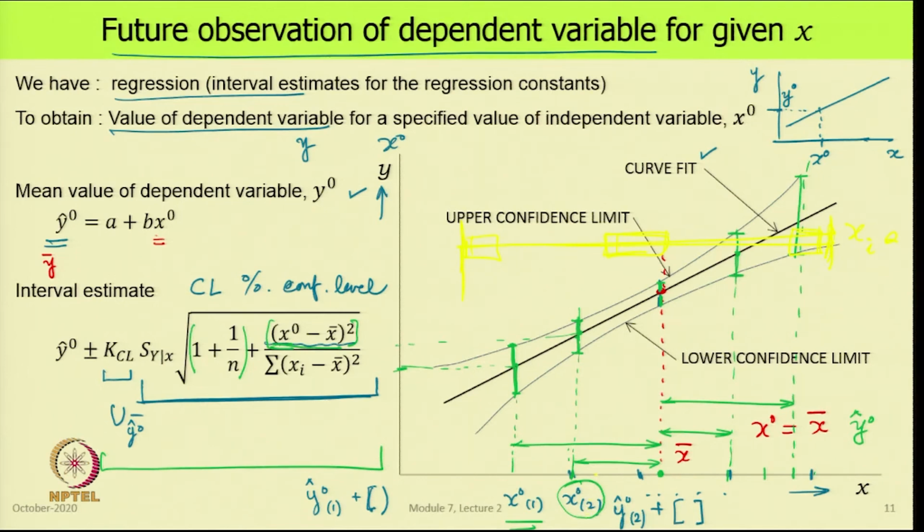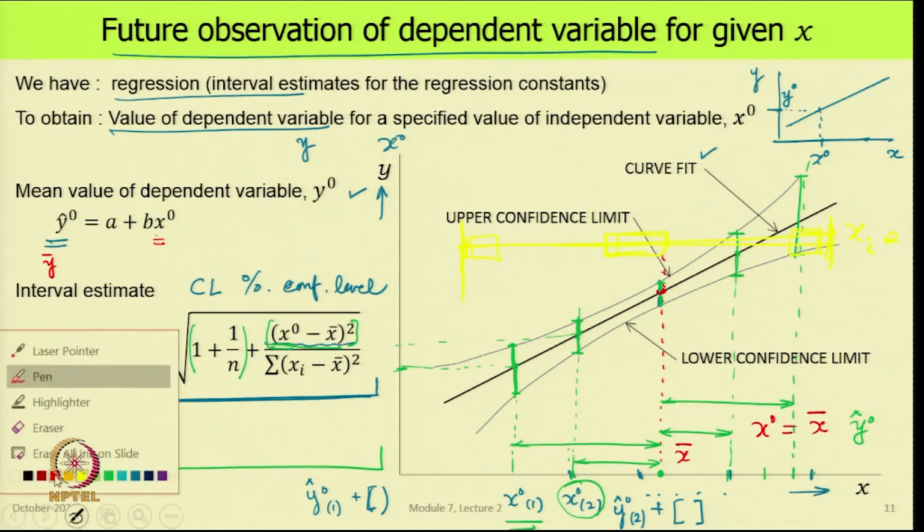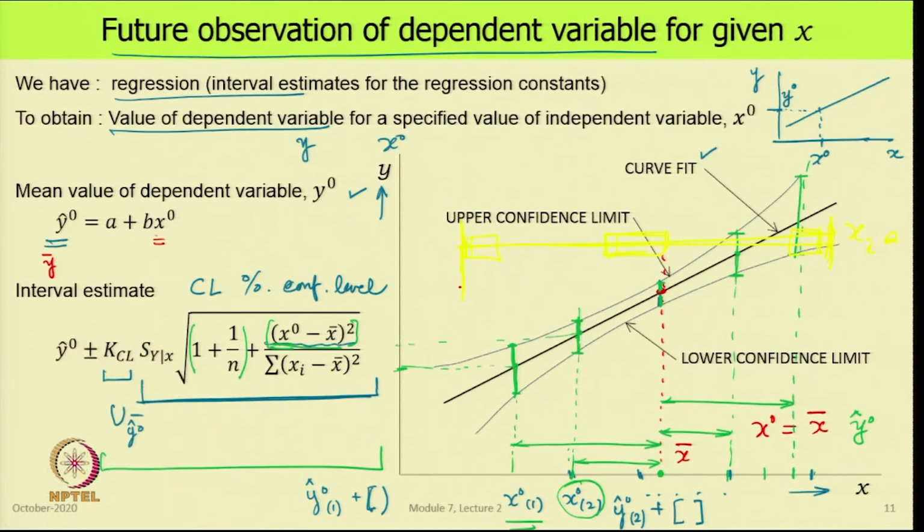So, this is telling us something very important about how to use a regression to predict future values. And one thing that we absolutely should not do is, if the regression was made in these limits, we should be extremely cautious and maybe not do at all, use regression values for x values less than this or x values greater than this.